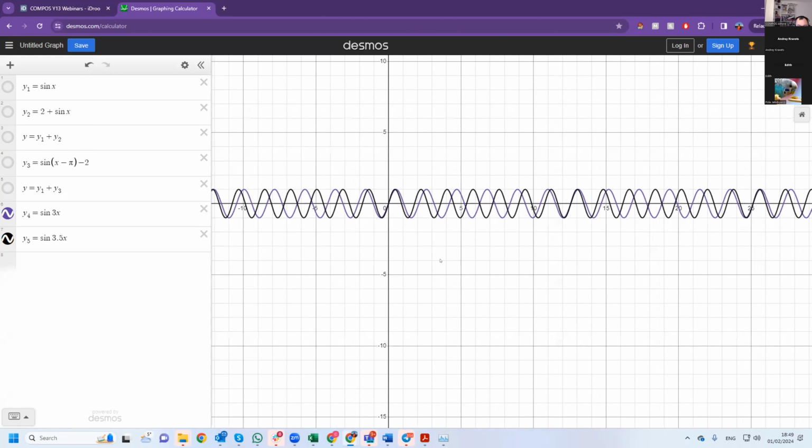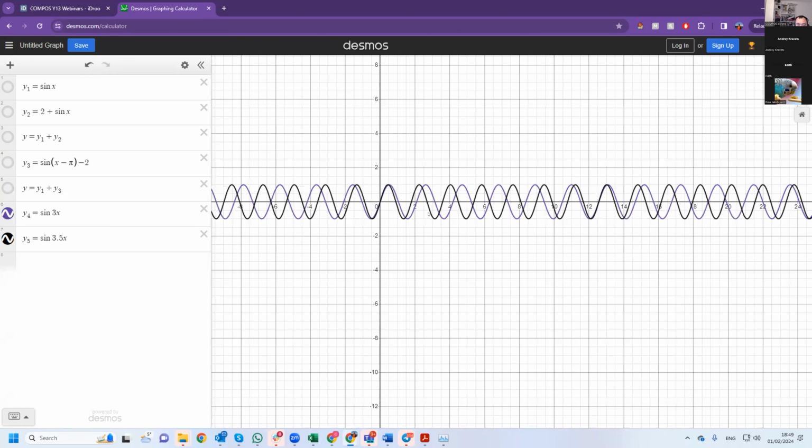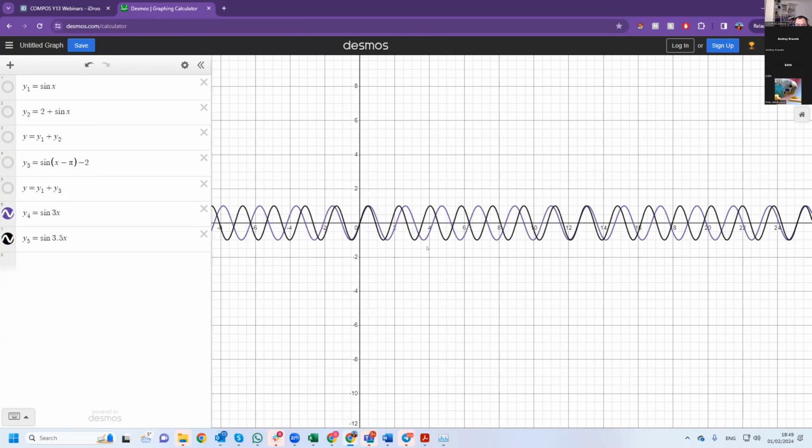What do you think the graph would look like? Can somebody predict the shape of the graph if I add them together?